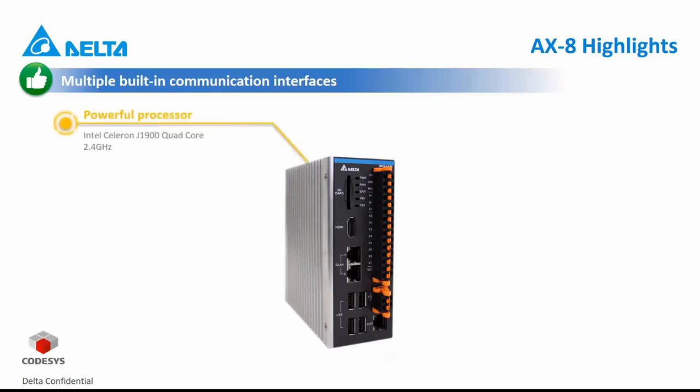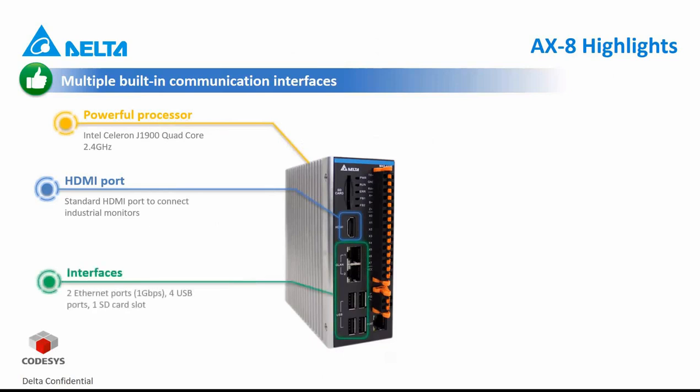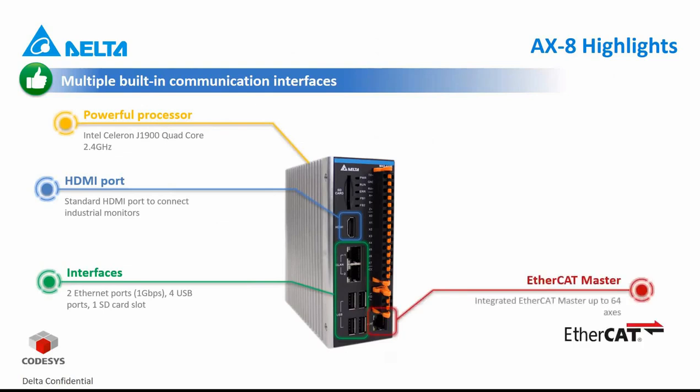How about highlights? For sure, it's a PC, so there is a powerful processor, and an HDMI port to monitor the Windows side. There are interfaces like 2 Ethernet ports, 4 USB ports, and 1 SD card slot on the controller, and there is an EtherCAT port.